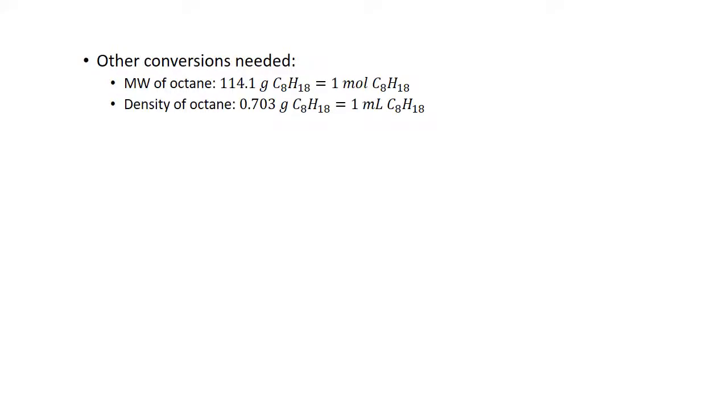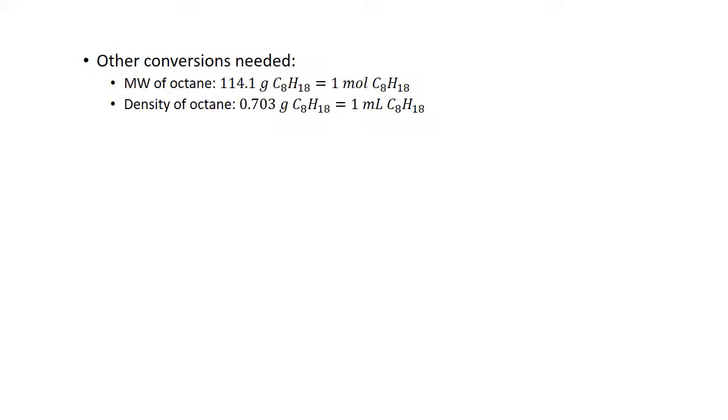Here are some other conversions we need to solve the problem. First of all, the heat of combustion gives us the energy in 1 mole. We need to convert moles to more convenient units. The molecular weight of octane is 114.1 grams per mole, so 114.1 grams is equal to 1 mole.